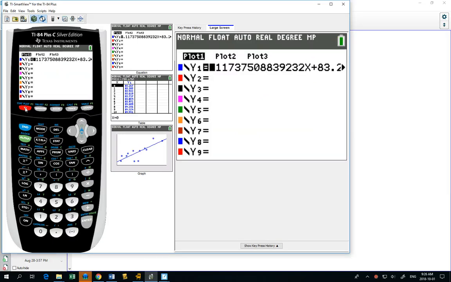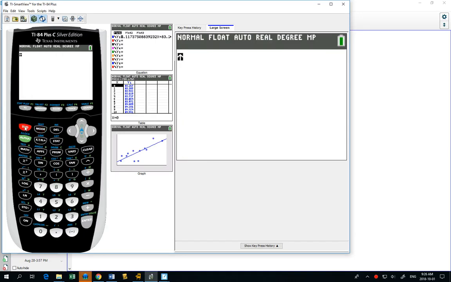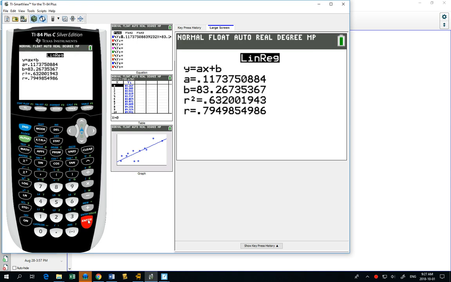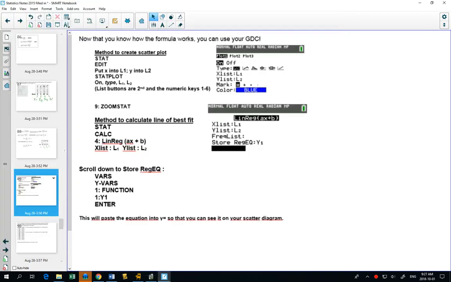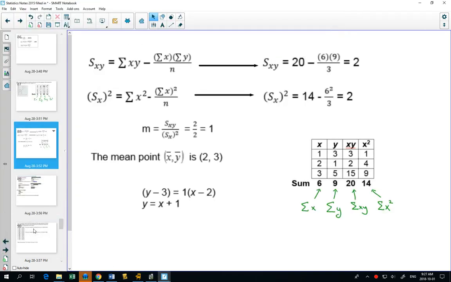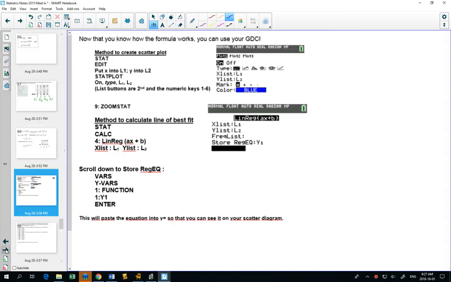So if I wanted to write that equation down, wow, there's a lot of decimal places there. Maybe I'll go back. 0.117. Okay. Now we've just got our line.